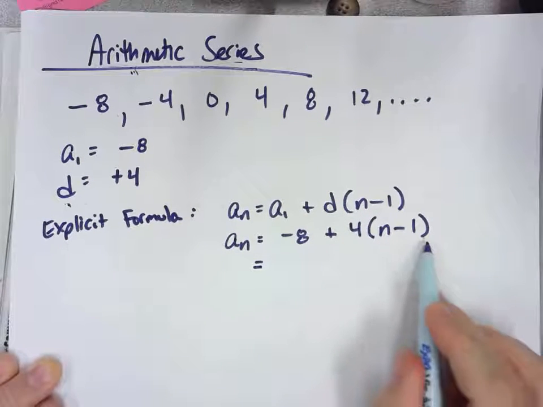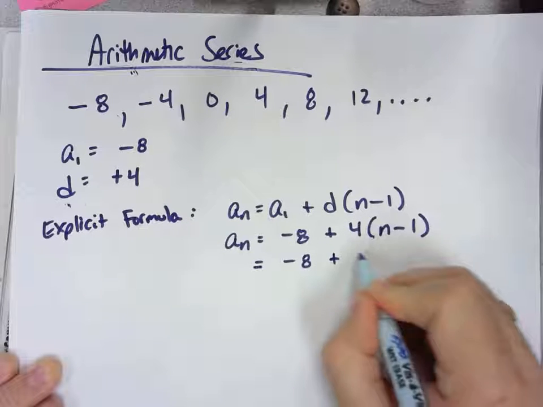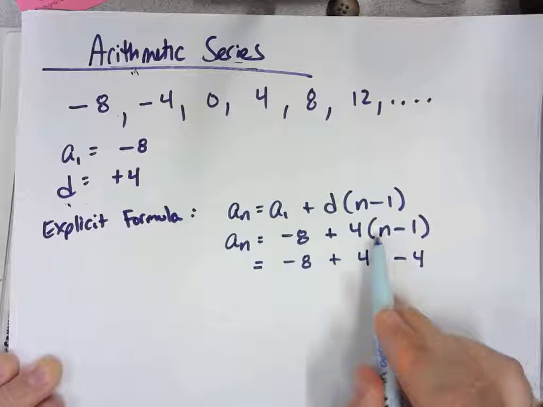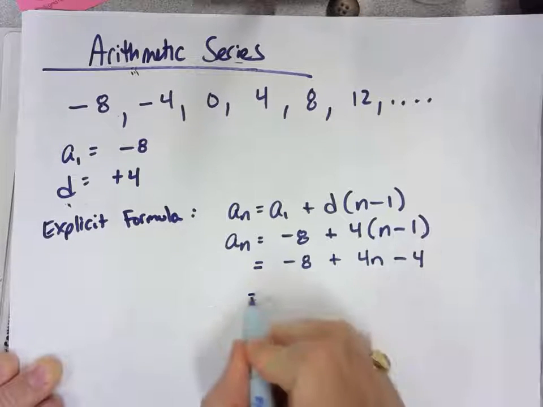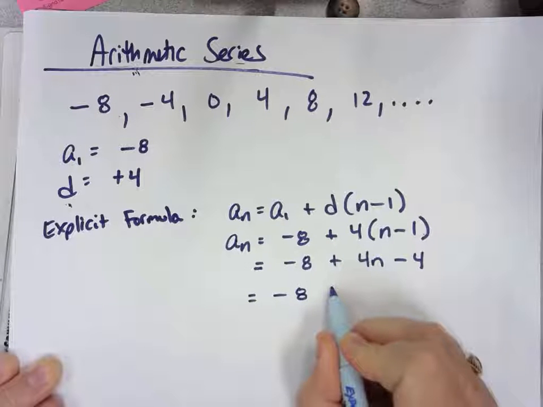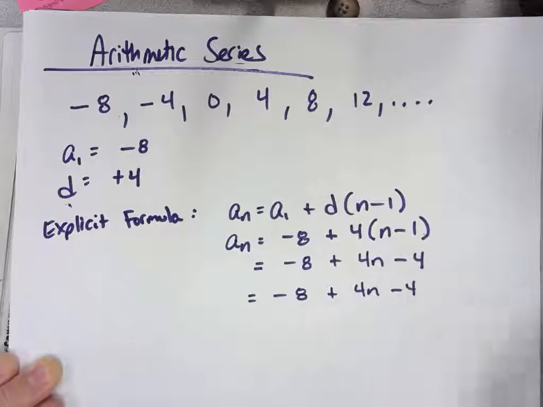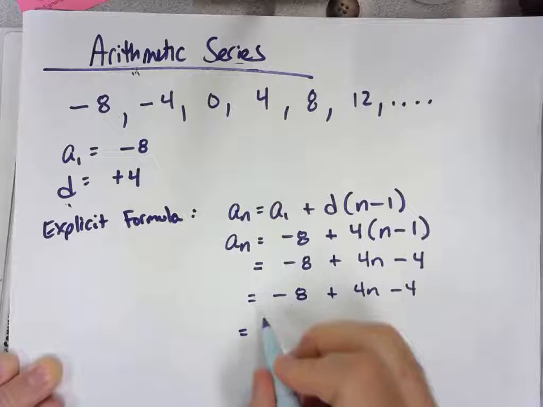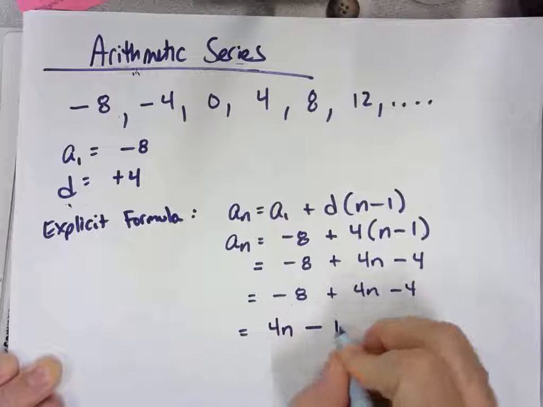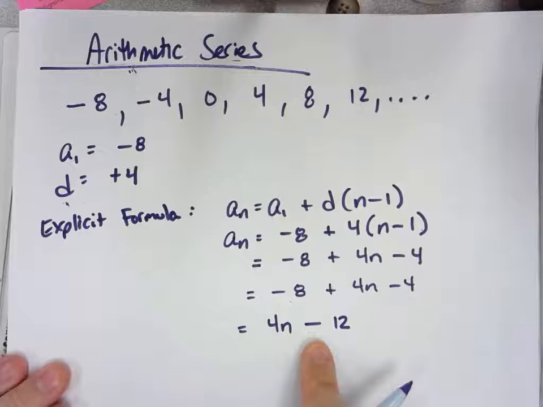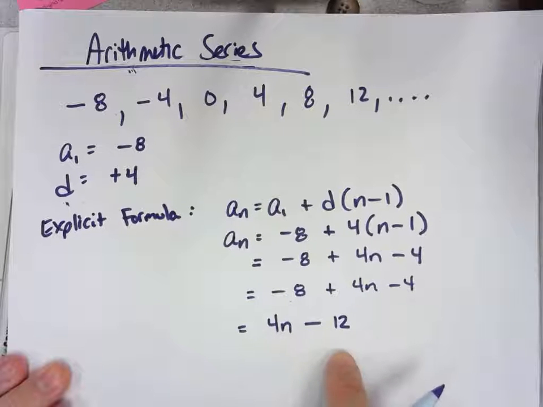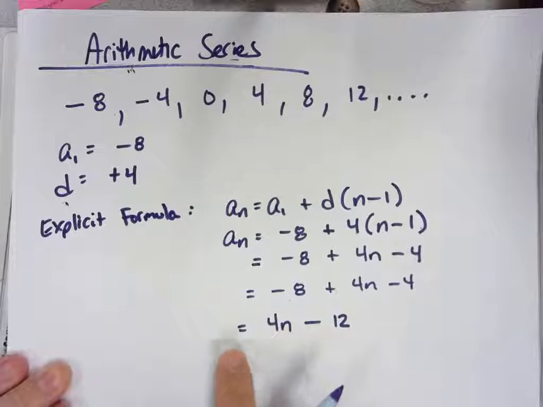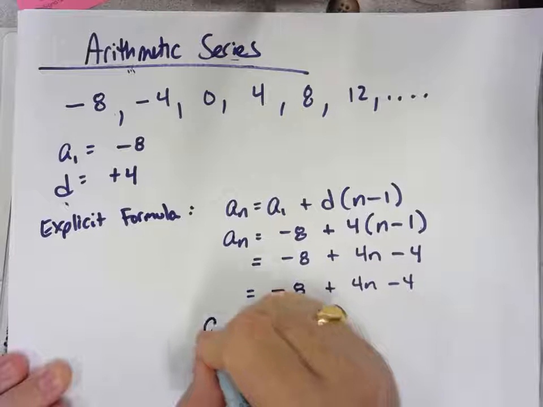Then all I have to do is simplify. Using the distributive property, 4 times n and 4 times negative 1, I get negative 8 plus 4n minus 4. What's negative 8 minus 4? Negative 12. So I get 4n minus 12. I write the negative 12 second because I'd like to keep that negative sign on the inside, since the 4 is positive. That way I don't ever lose the negative sign. And that's a sub n.